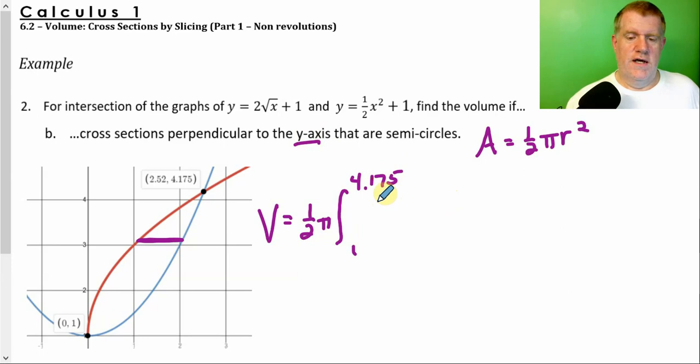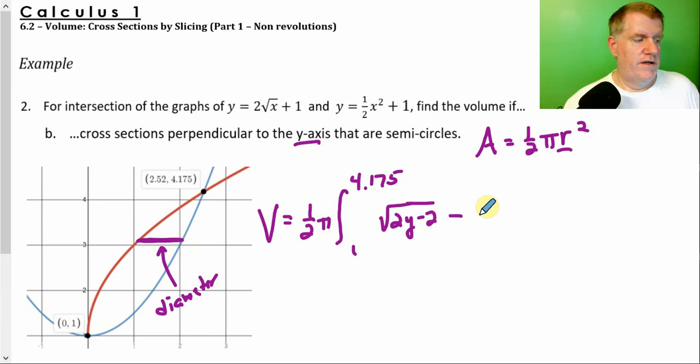All right, now I'm going to take my radius. Remember, this is my diameter. It's the whole way across. I need half of that. So again, that distance is going to be the square root of 2y minus 2 minus y minus 1 over 2 squared.